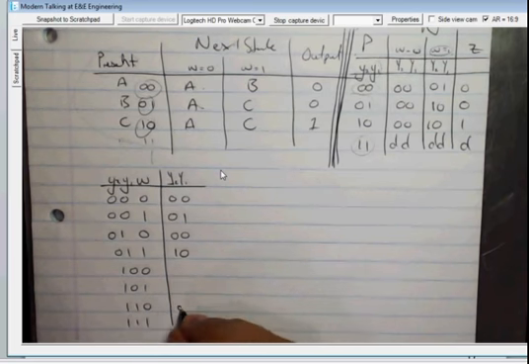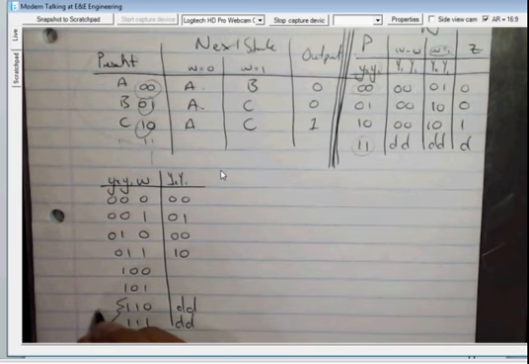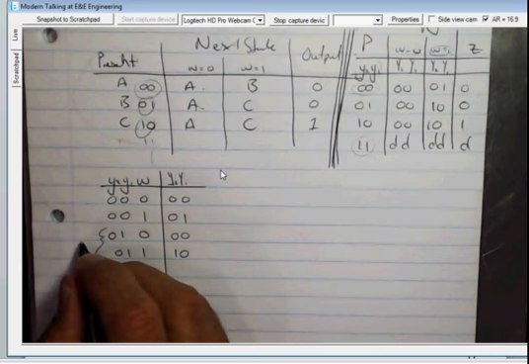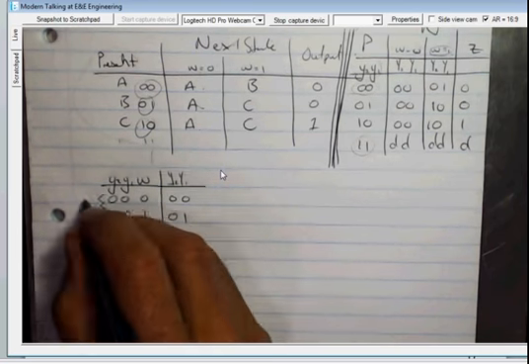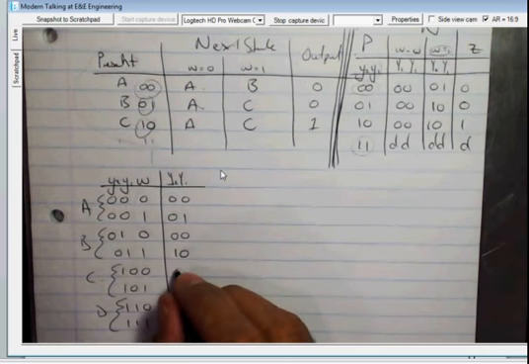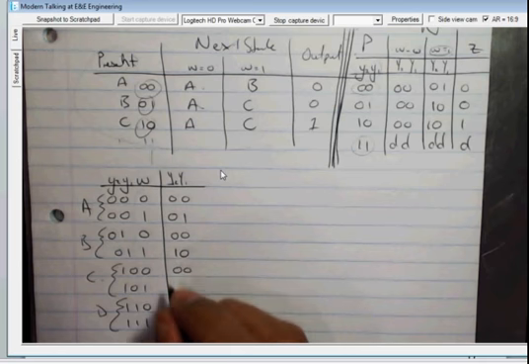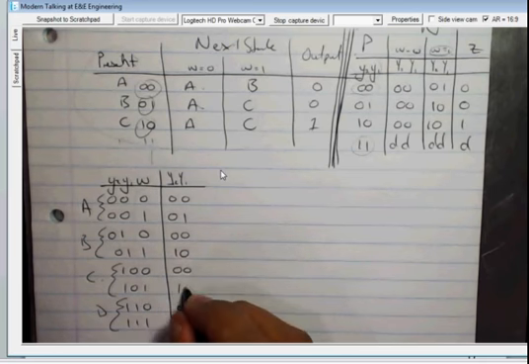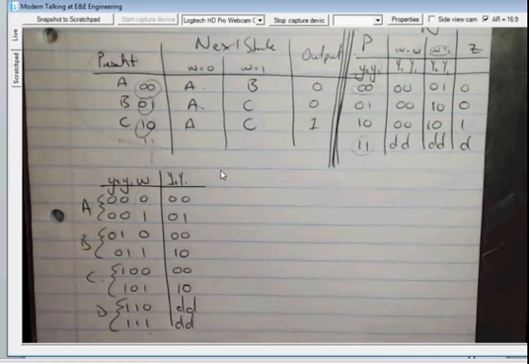So of course the 2 states that I don't have, so this is state D, this is state C, and this is state B, and this is state A, and this is the input in each of it. If I'm in state C and I receive a 0, I need to go to state A. If I'm in state C and I receive a 1, I need to go back into state C, or just stay in state C for that matter.